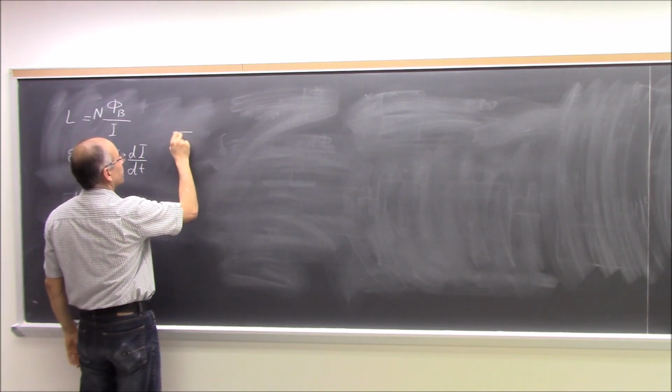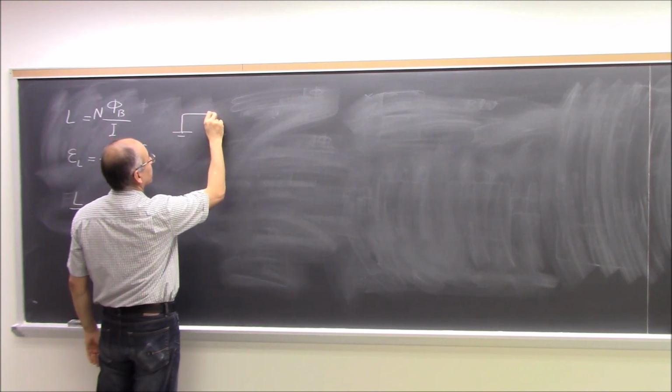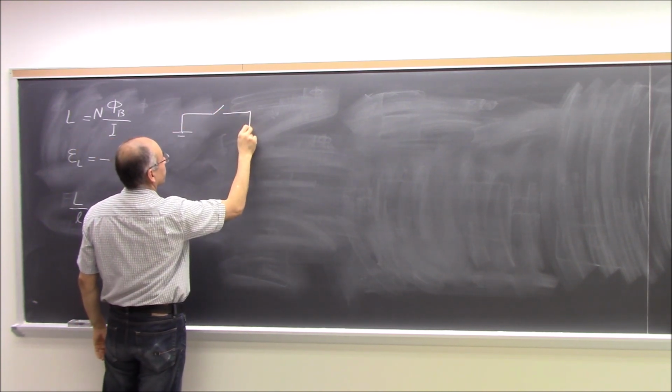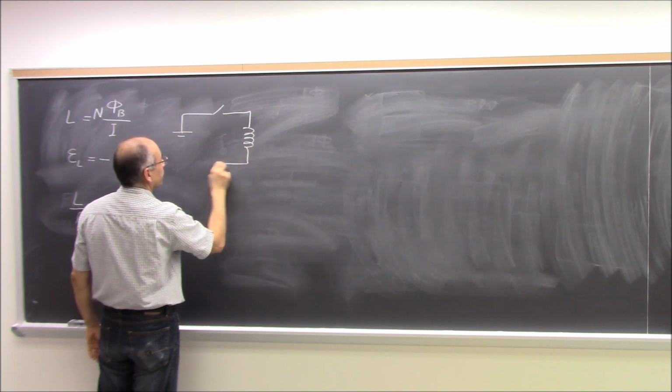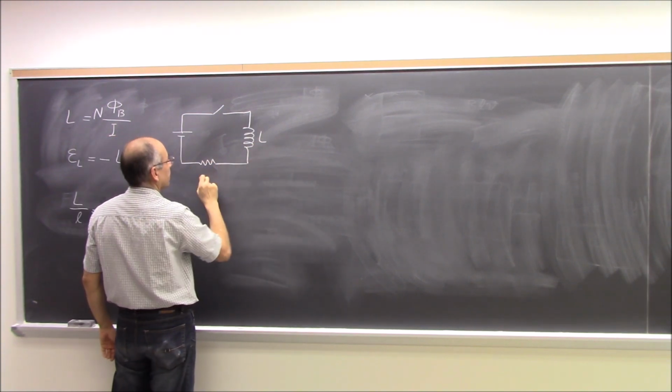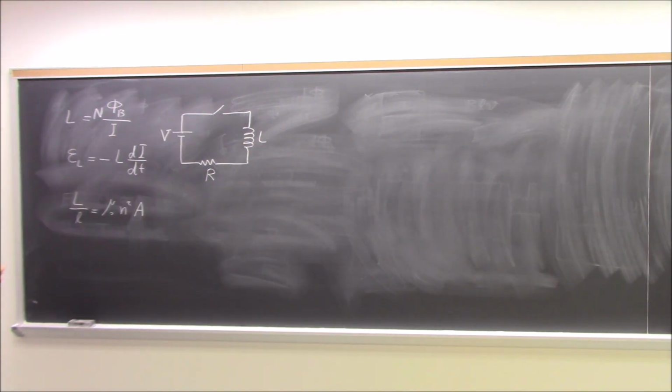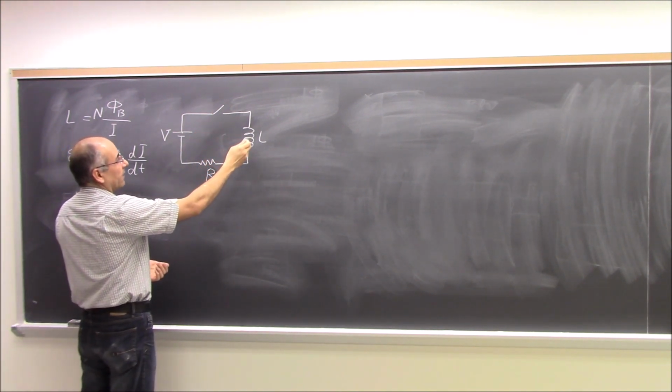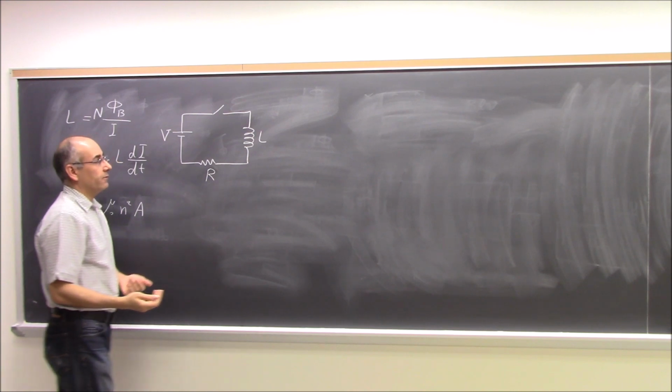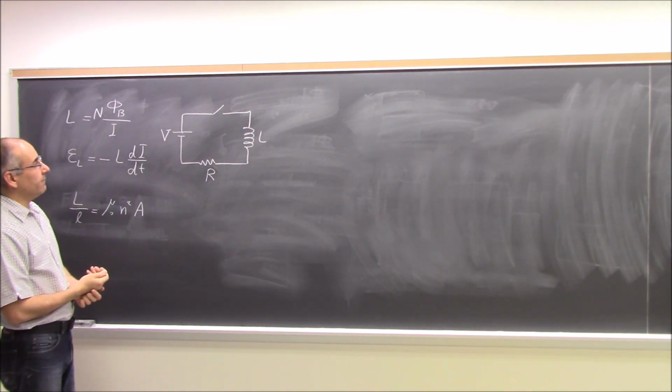We also talked about if you have a circuit like this, you have a switch, you have an inductor here, and you have a resistance R, and a battery with voltage V. We said that when you close the switch, this inductor doesn't let the current go suddenly to maximum.